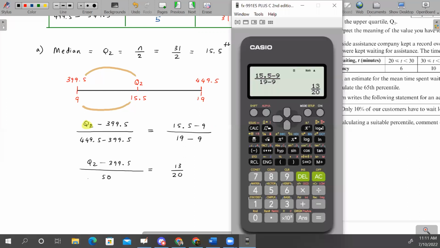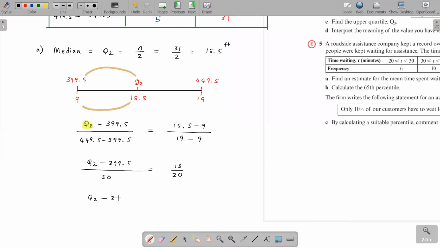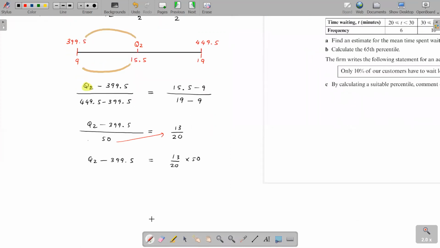Okay, and now it's time to cross multiply and make Q2 the subject. So Q2 minus 399.5 equals 13 over 20. The 50 will go to the other side as a multiplication, times 50. Then Q2 equals 13 over 20 times 50 plus 399.5.